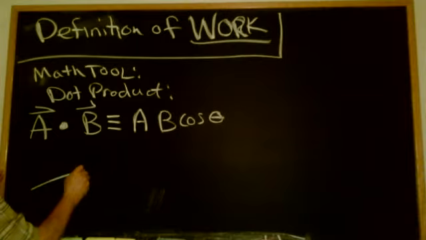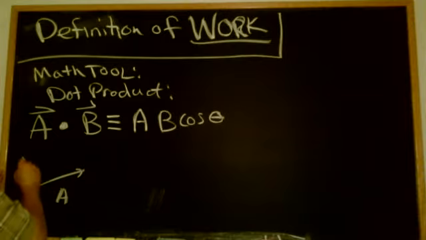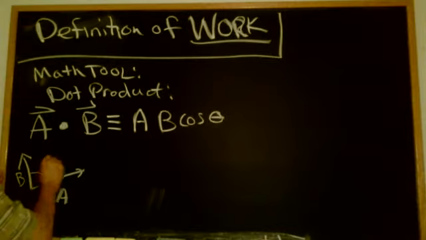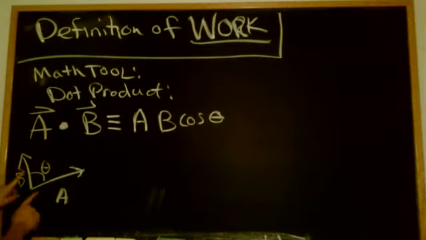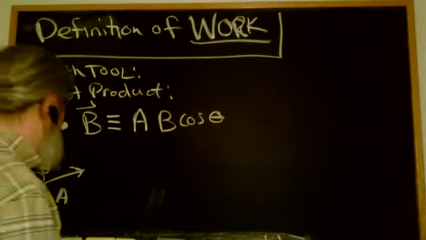If this is A and this is B and this is theta, then the dot product is this length times the cosine of this angle. That's a definition that hopefully you've learned in the past, but we're going to make use of.